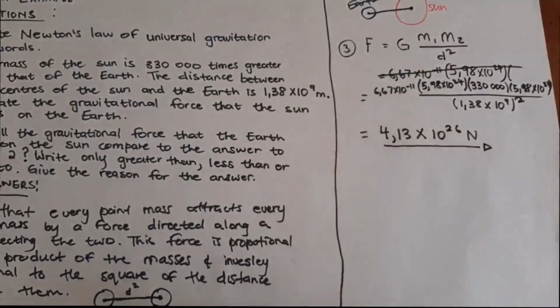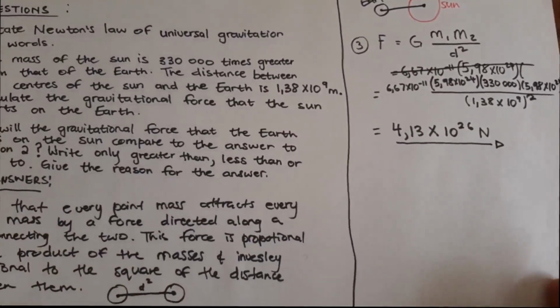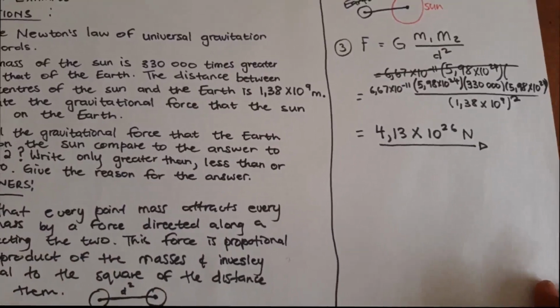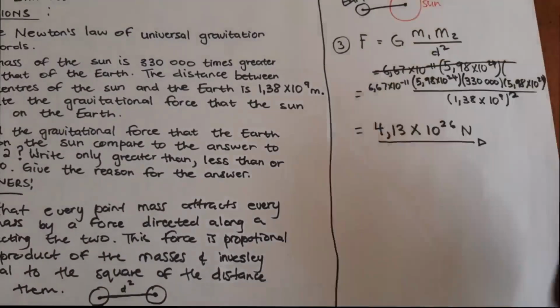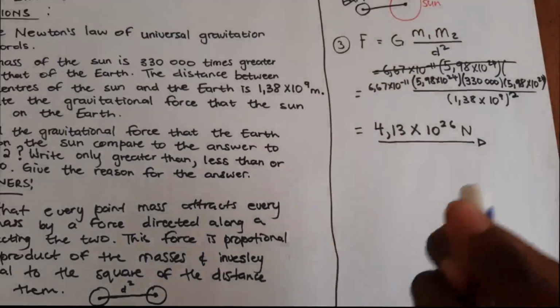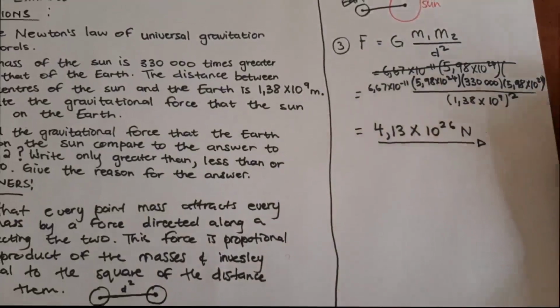Let's move quickly to question 3. Just to re-explain this, guys: the mass of the sun is 330,000 times the mass of the earth.